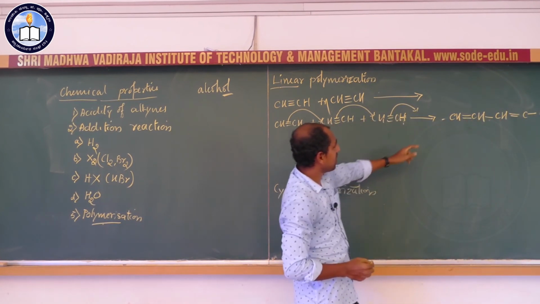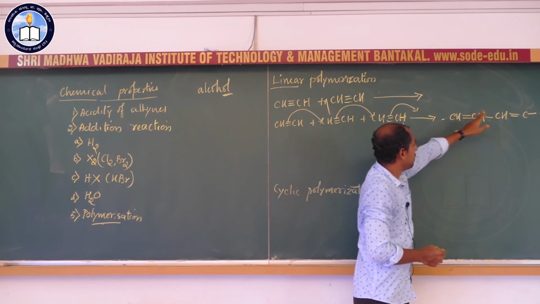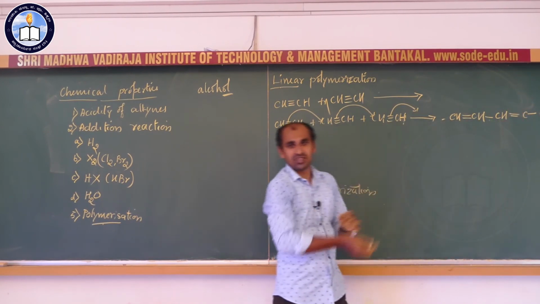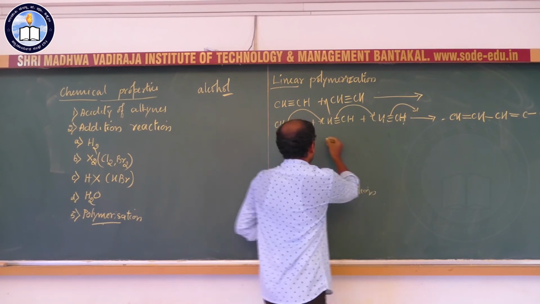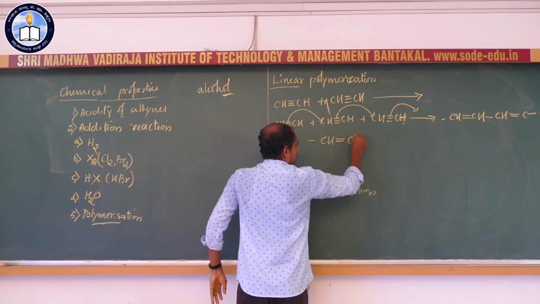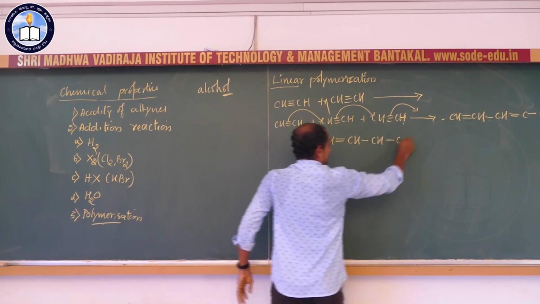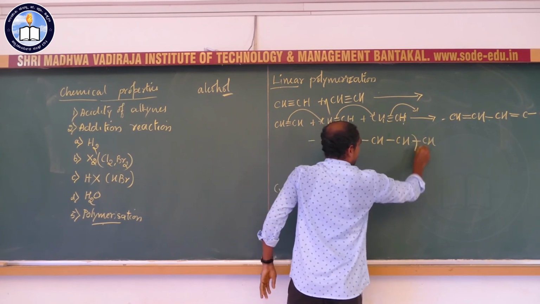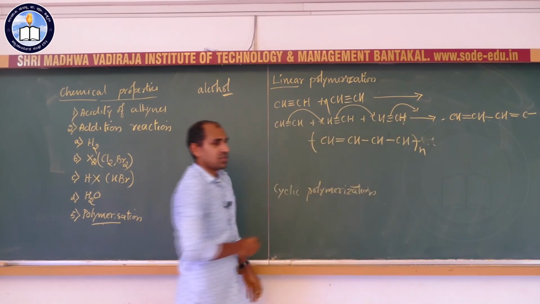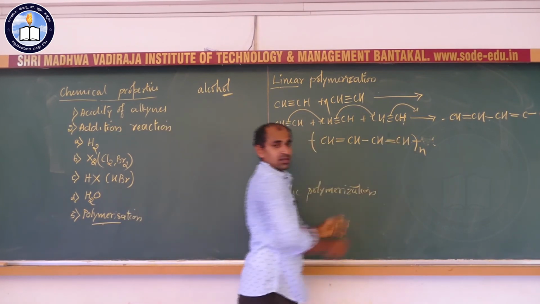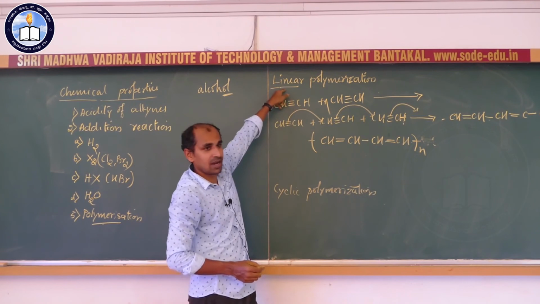Ultimately you can see there is double, single, double, single, double bonds. So the general structure you can write as double, single, double, single, likewise. This is the simplest structure of this linear polymer of ethyne.